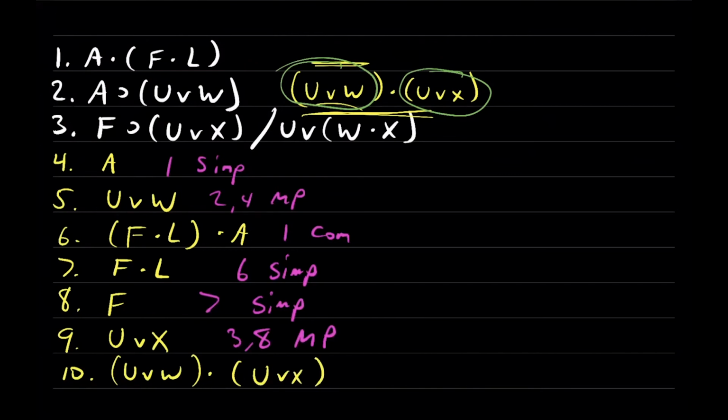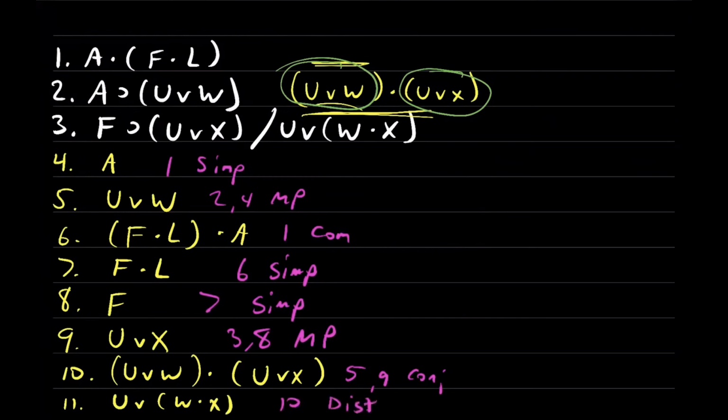So that was line 5 and line 9 by conjunction. And ultimately, we said that if we could get that, (U or W) and (U or X), then we could get the conclusion, U or (W and X), by distribution. So this would be line 10, distribution.